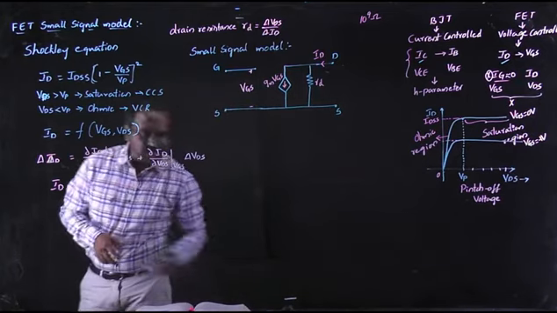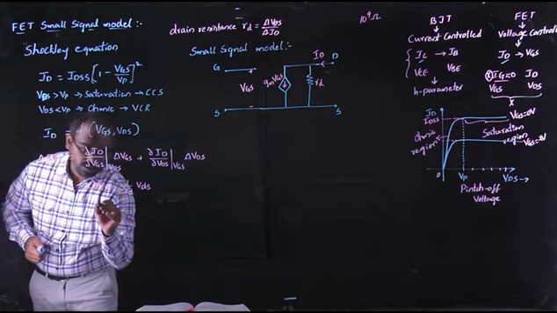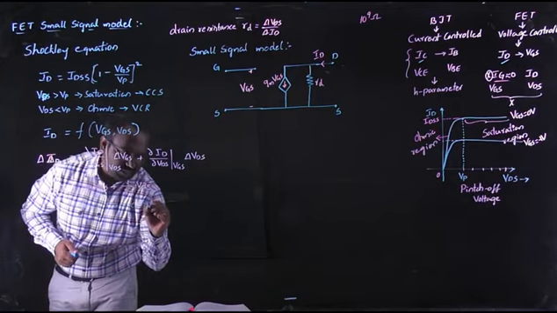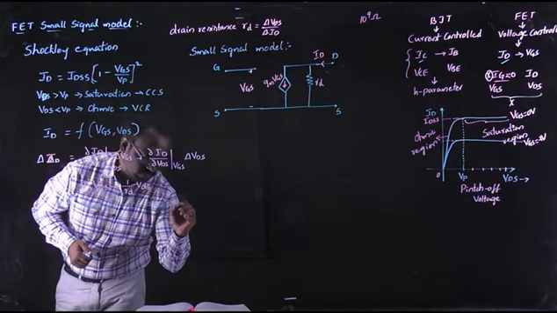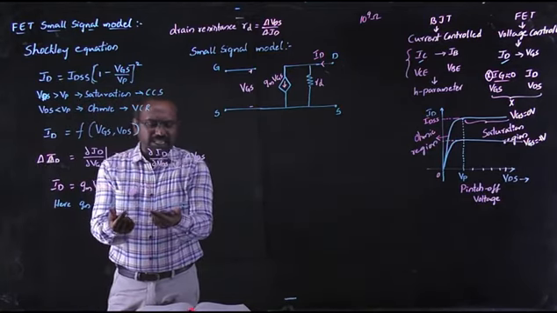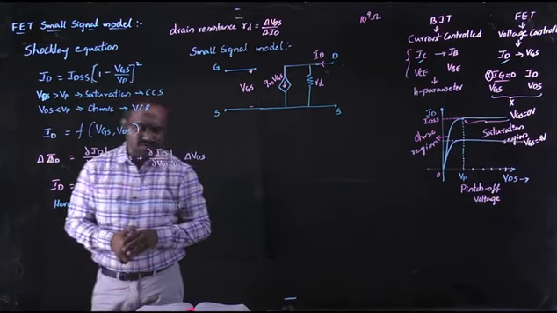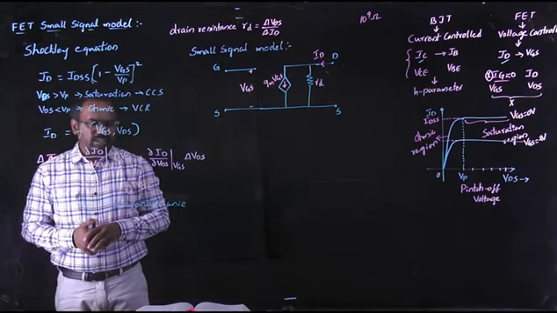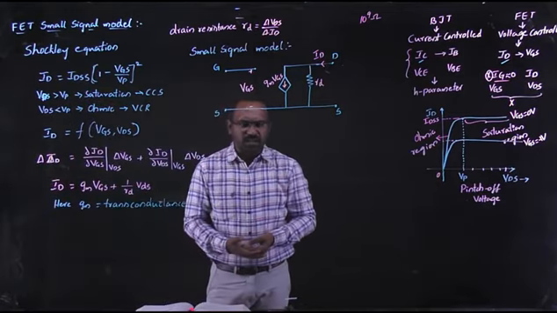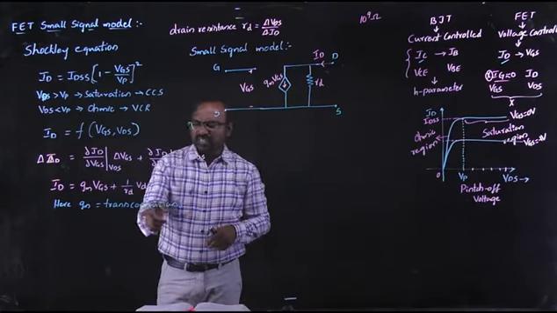Very important point, the transconductance. If we divide it into two parts, trans and conductance: conductance is the inverse of resistance. Why? Because resistance is nothing but the voltage to current ratio, but here it is the current to voltage ratio, inversely. That is the reason why it is conductance.